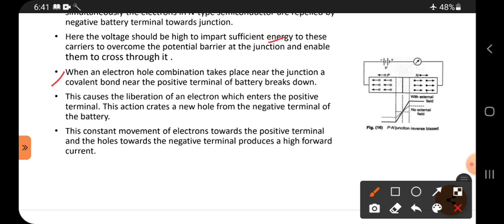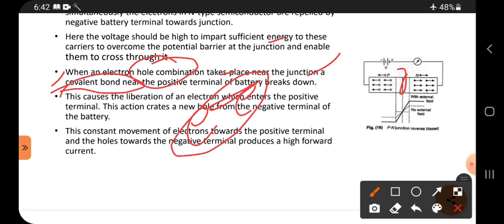When electron hole combination takes place near the junction, a covalent bond near the positive terminal of the battery breaks down. A covalent bond is normally a bond between electron and electron only, but here electron and hole combination is given, so the bond will be broken down.